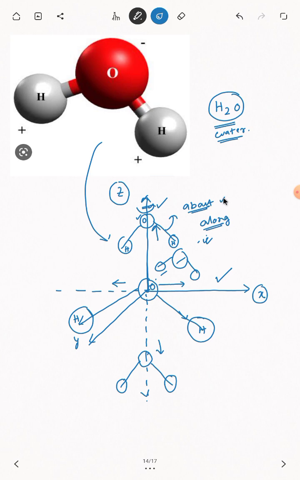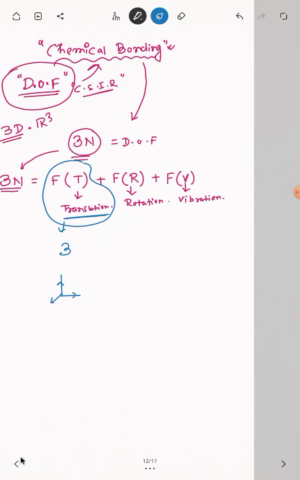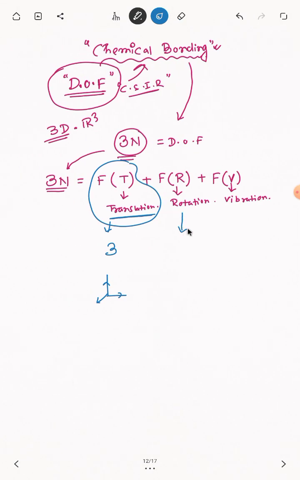You should all remember this. So cannot we all rotate this about this Z axis? Yes. So rotational motion about the Z axis here is possible. It is similarly possible for the X axis also, because we can rotate about the X axis, about the Z axis and about the Y axis. So also we have this rotation here as 3.